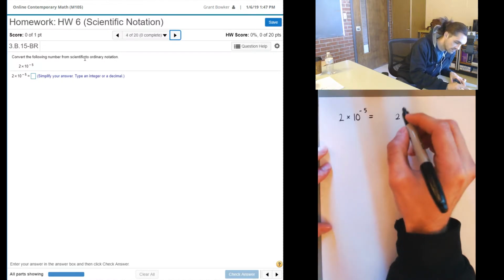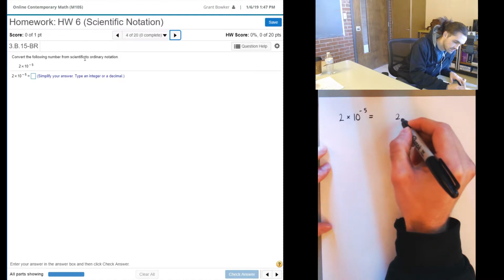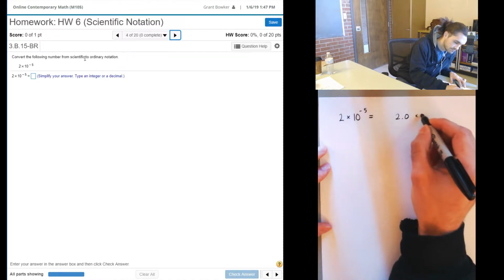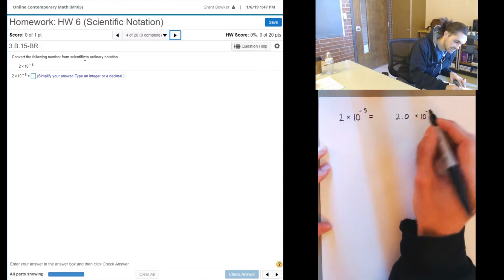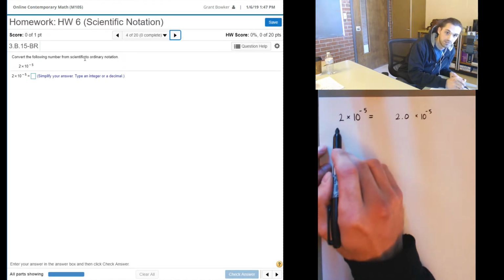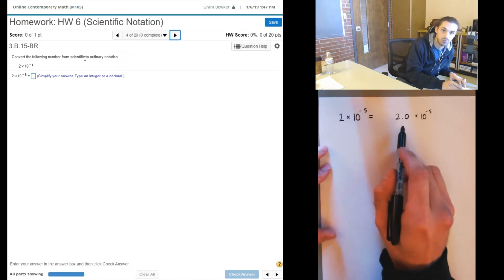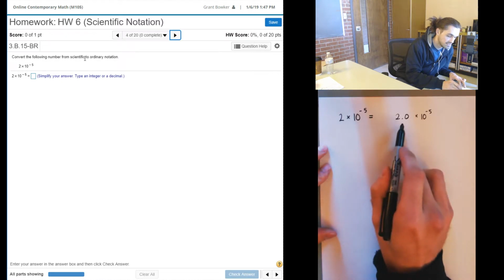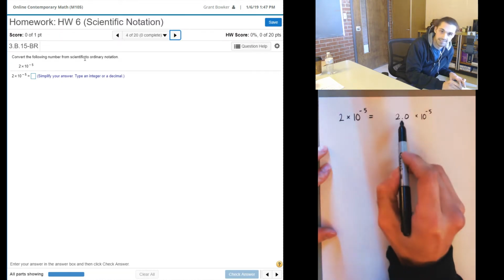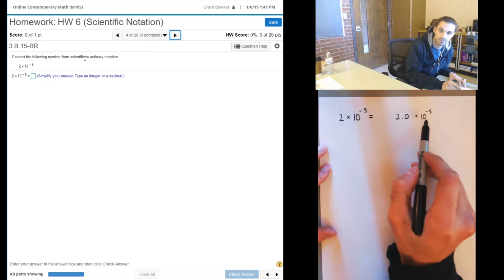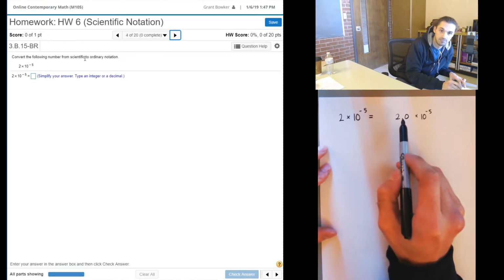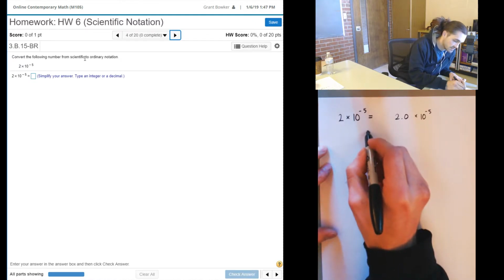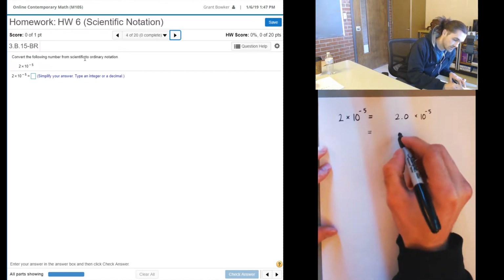You could look at it as 2.0, so recognize there is a decimal place present, even if it's not explicitly listed. So you can look at 2 as the number 2.0. Now doing this is simply to introduce this decimal point, because when we're multiplying by powers of 10, it's essentially moving this decimal point. So the question becomes, where are we going to move it?